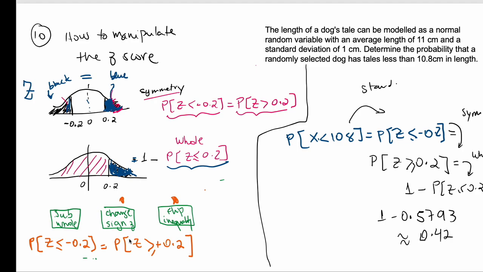Then you will think, oh, this won't help me, because I don't have greater than. That's okay. You can just test another combination. It's really fast to do these tests. If you don't want to reason, you can just have this. For example, we could change the sign of z and subtract from the whole.